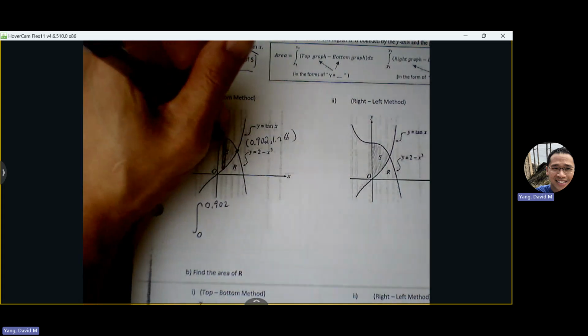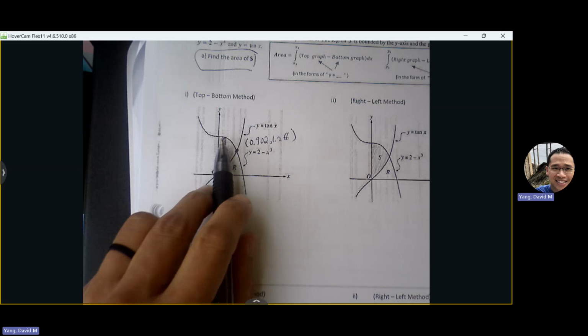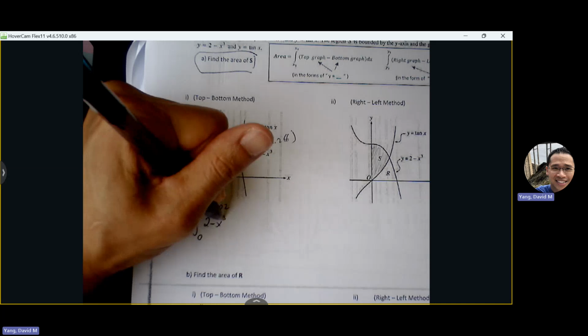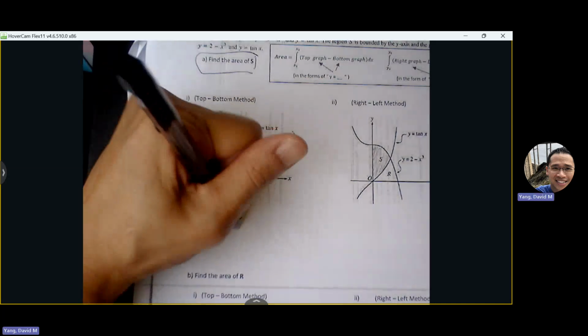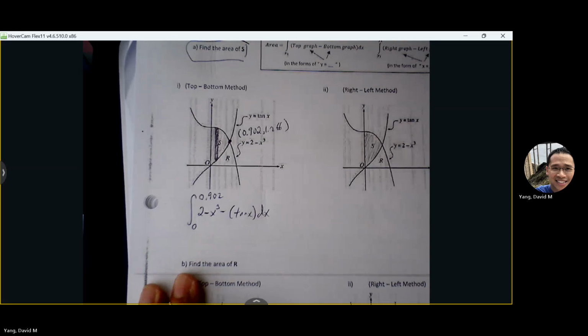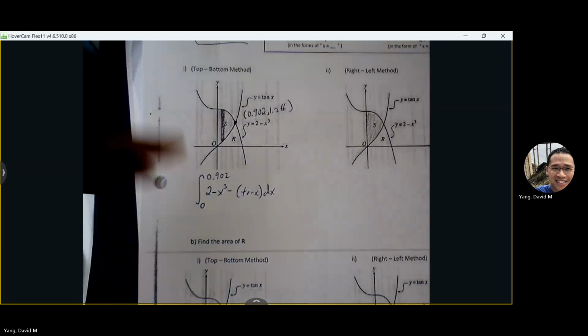Okay, so the graph on top, the top of my representative rectangle, is sitting on the 2 minus x cubed. So that's the top one. Minus, and the bottom is tangent of x. Okay, so we do math 9, definite integral.